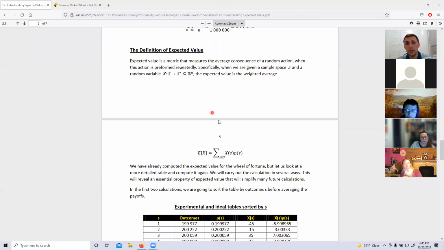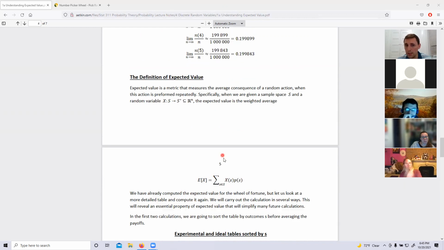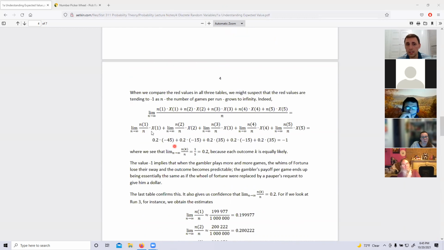And the expected value, we can define it as the weighted average. You see what it is? It's just the label of X multiplied by the probability of S happening, right? So for each outcome in the sample space, I add up the product of the value of S times the probability of S. And the reason I do that is, as you can see in this formula, if you just take the average of scores when you're playing a game, you just see how many times the outcome came around, and then this is the label.